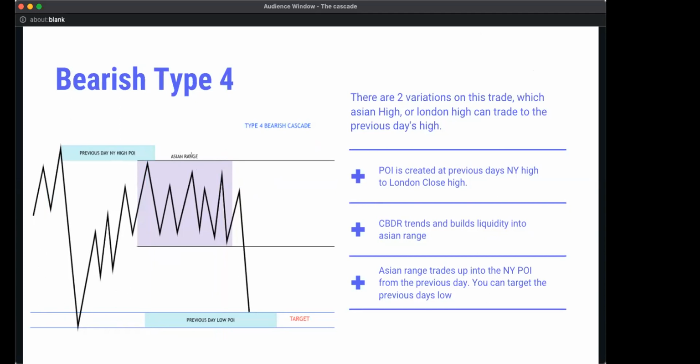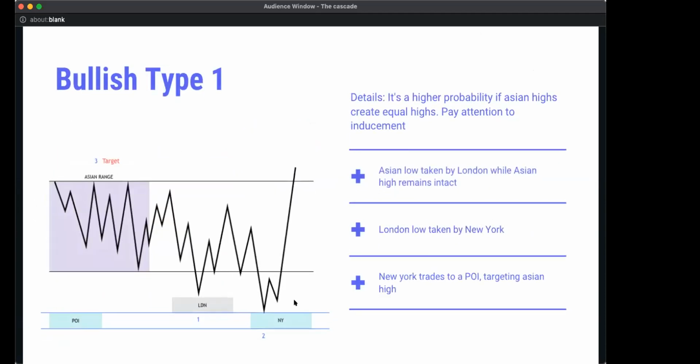Now, when you think about these cascades, I just want you to understand that they melt together. For example, if we have a bullish type 1, what we're doing here is creating a bearish type 4 schematic down here. Let's say this happens at a later time, like around London close.